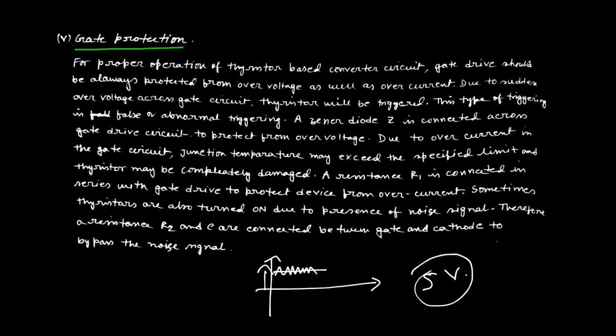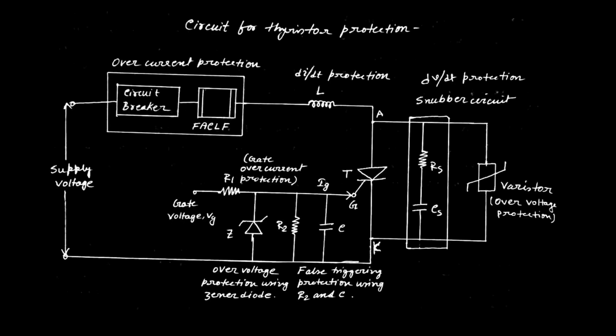So we have studied all the things: di/dt protection, dv/dt protection, overvoltage protection, overcurrent protection and gate protection. So the complete protection circuit of the thyristor is this one. This is the circuit for the overall protection of the thyristor or SCR, in which we have considered all the protection processes.